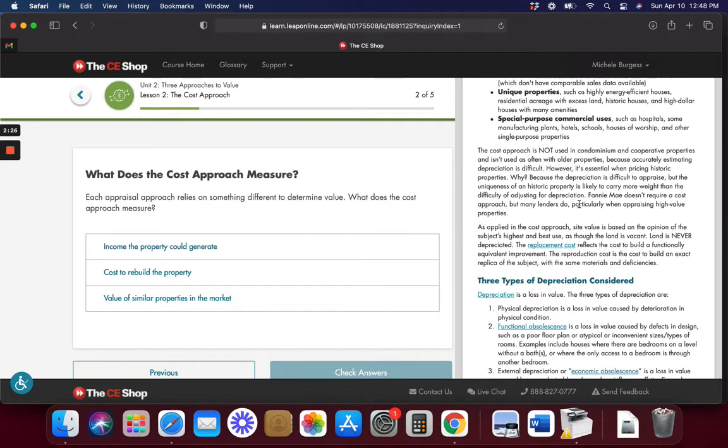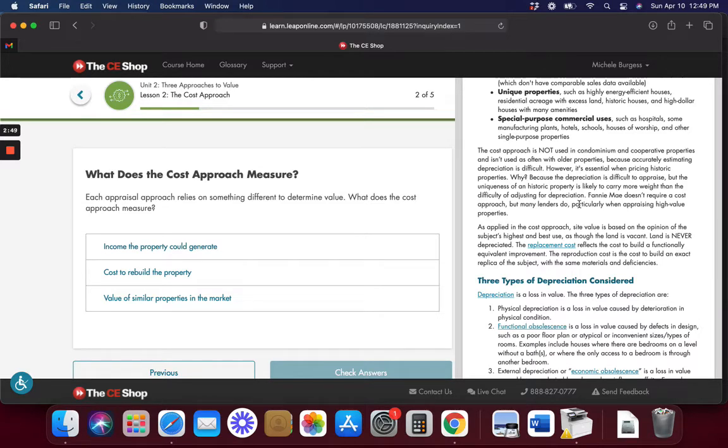The cost approach is not used in condominium or cooperative properties and is often not used with older properties because accurately estimating depreciation is difficult. That's why it's essential when pricing historic properties, because depreciation is difficult to appraise given the uniqueness of an historic property.